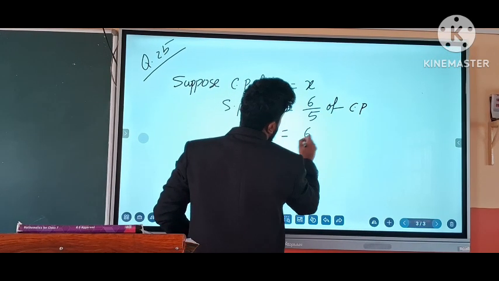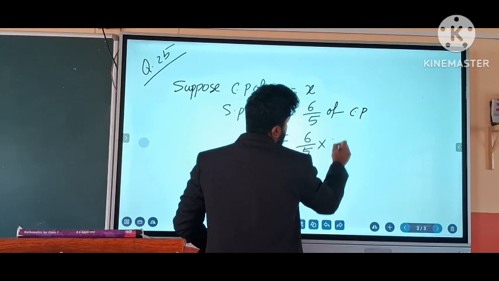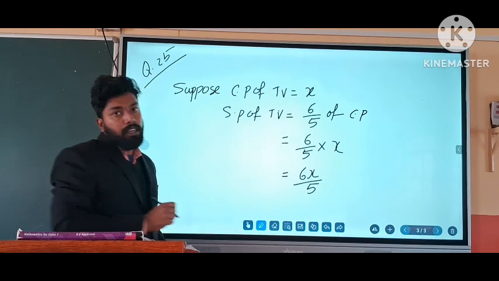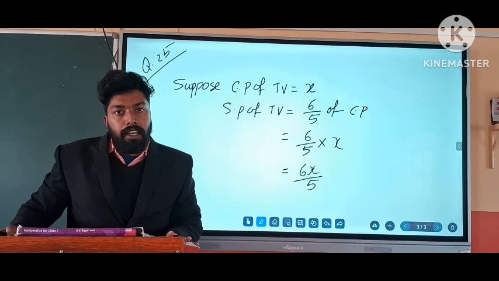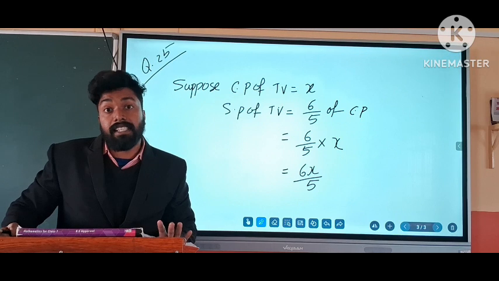That is equal to 6 upon 5, where 'of' can be replaced by multiplication, into x. That is equal to 6x upon 5. So this is the selling price of the TV. Is it clear? Now in the question we want to find the gain percent.